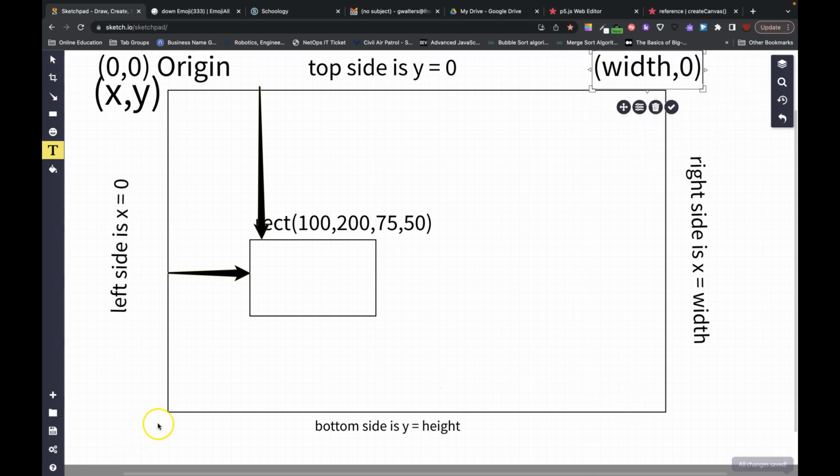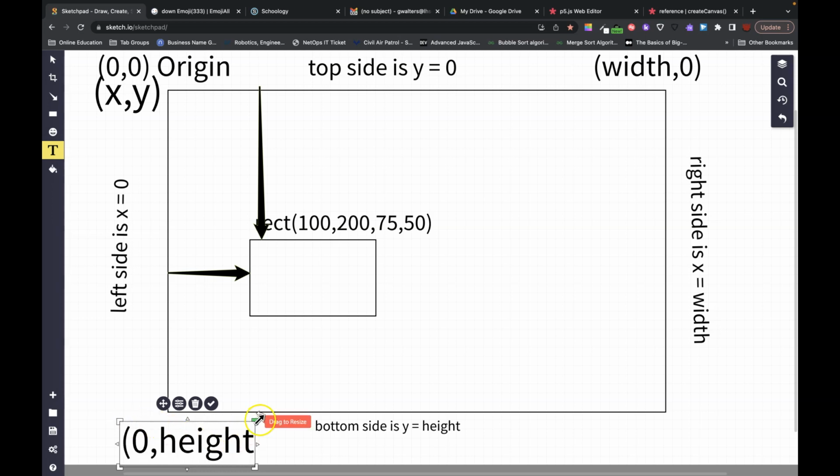Now for this bottom one right here, I did move down towards the height for the bottom side, so my y should have changed, but I am still at the left side, which means my x should still be 0. So x is 0 and y is the height.